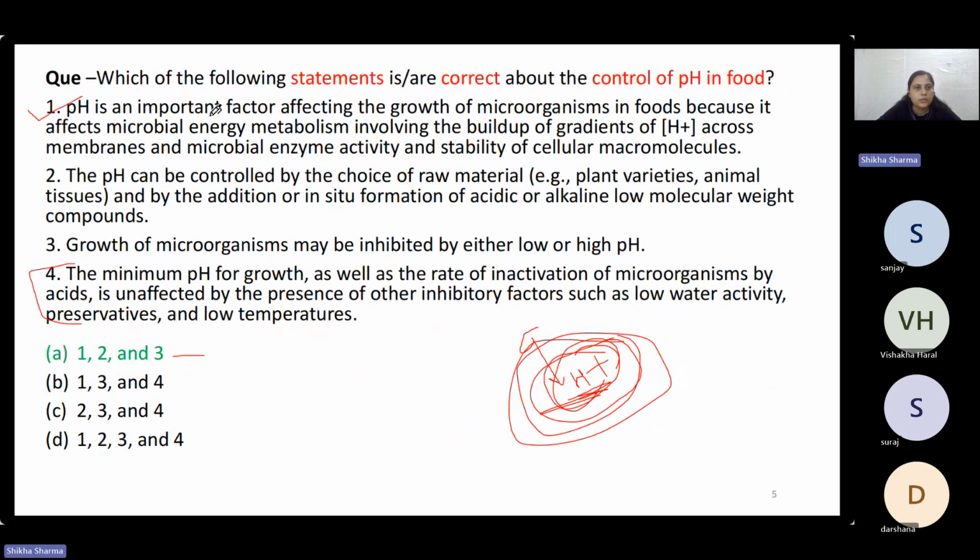So statement one is correct, right? pH is an important factor in the growth of microorganisms in food because it affects microbial energy metabolism involving the buildup of H plus ions, and microbial enzyme activity and stability. The microorganism will use all its energy to maintain the pH, so pH affects its growth, right?